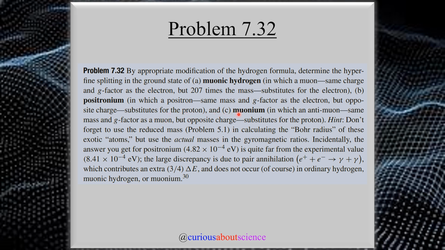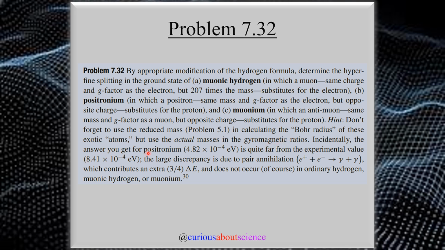And C, muonium, in which an anti-muon, same mass and g factor as a muon, but opposite charge, substitutes for the proton. The hint he gives is, don't forget to use the reduced mass, problem 5.1, in calculating the Bohr radius of these exotic atoms, and use the actual masses in the gyromagnetic ratios.